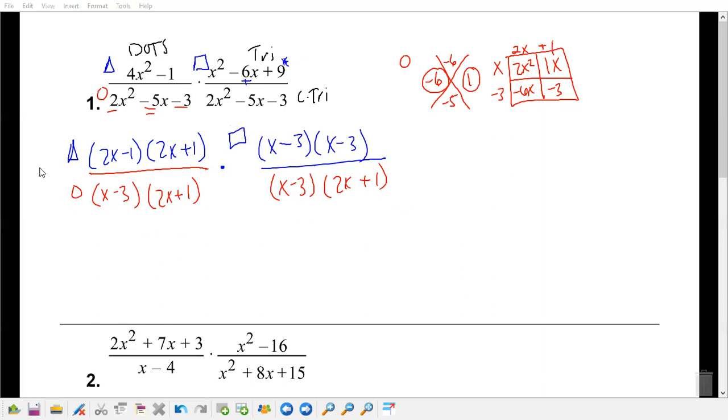Now we're down to simplify. So we're going to eliminate. And remember, in order to eliminate, it has to be in the numerator and in the denominator. So I have 2x plus 1, 2x plus 1. We see that? You can take away across also. So x minus 3, x minus 3, x minus 3, x minus 3.